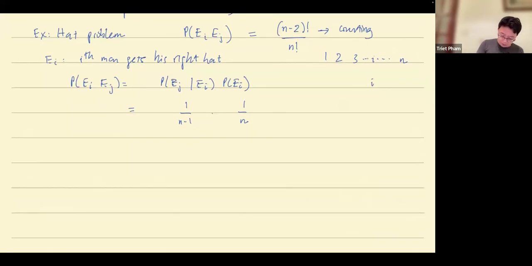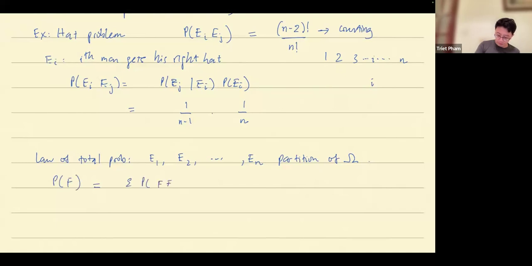The first thing is the law of total probability, as I mentioned last time, which says that if you have E1, E2, etc., you can stop at En or you can just keep going to infinity, it doesn't matter, as a partition of the sample space, then the probability of an event will be the sum of the probability of that event intersecting with all the E_i's.